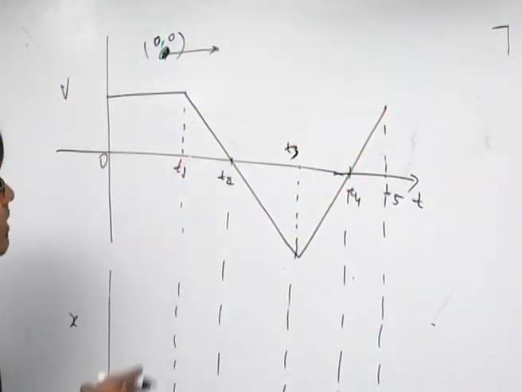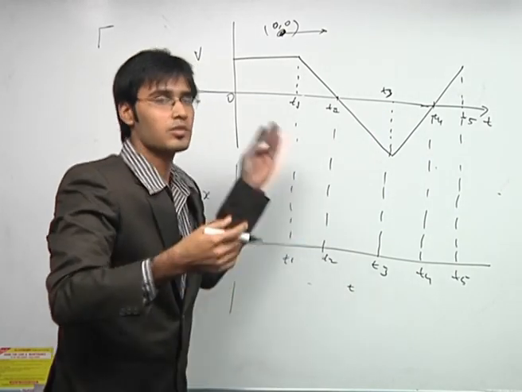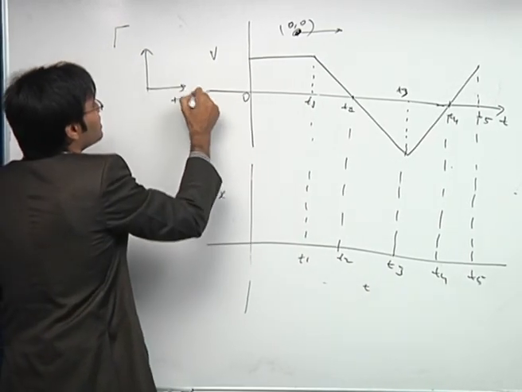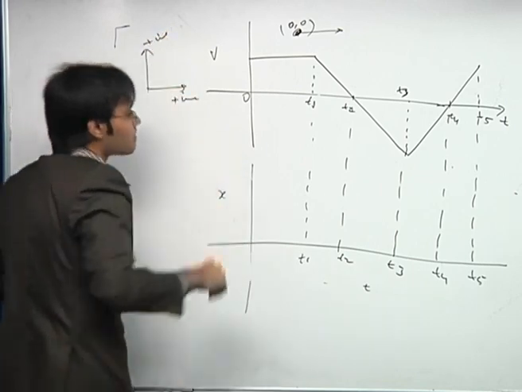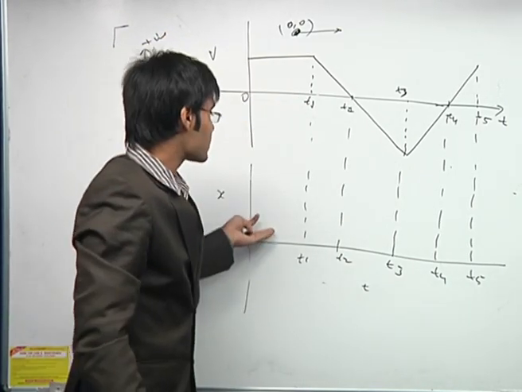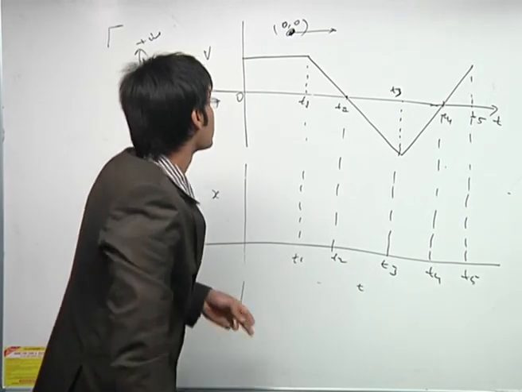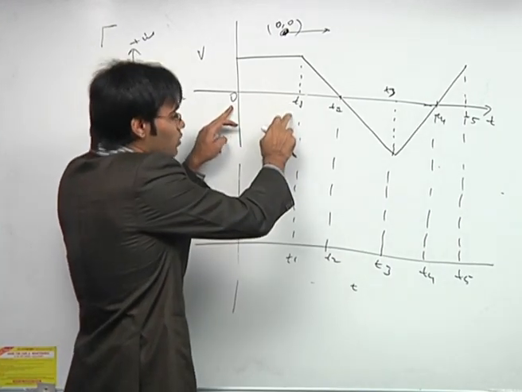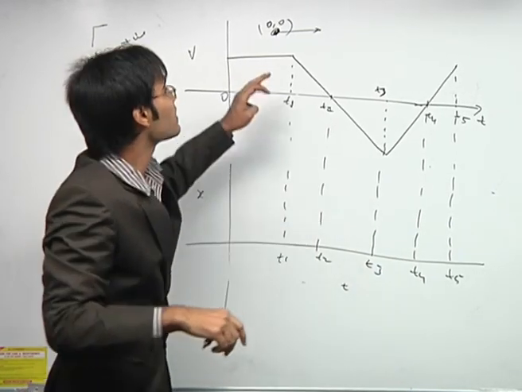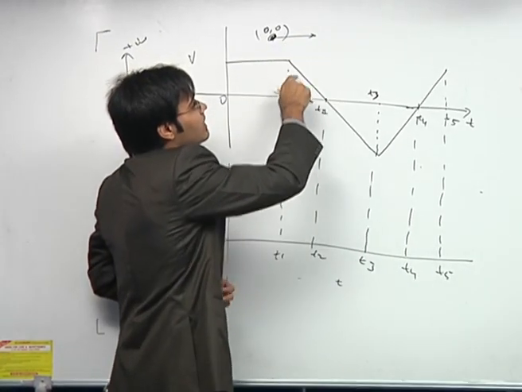Again, my convention remains the same, rightwards positive and upwards positive, okay. So if the velocity is in the positive direction, the displacement will be in the positive direction only. So for 0 to t1, my displacement will be positive, so it will cover some displacement.